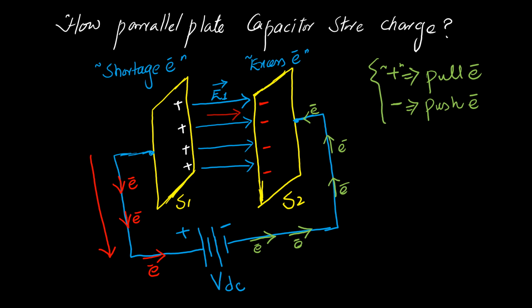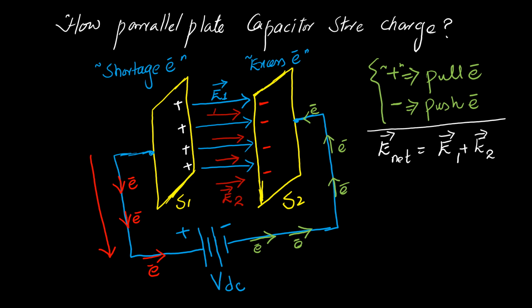Let's call these electric field lines E2. So, student, the total electric field in a parallel plate capacitor, E net, will be the electric field generated by the positive charge plus the electric field generated by the negative charge. This is the net electric field present in a parallel plate capacitor.